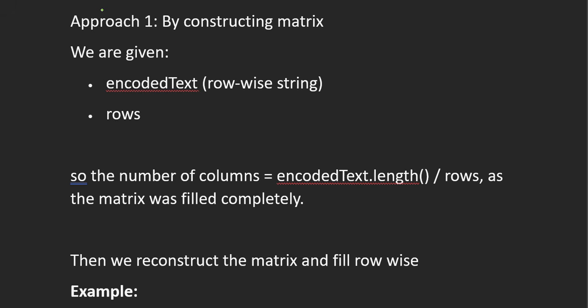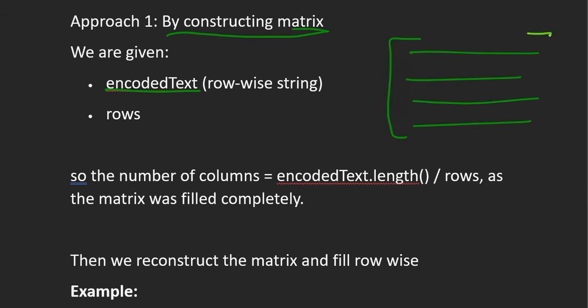So the first approach is, we will construct our matrix. We are given encoded text, that is the row wise string formation from the matrix, and we are given the number of rows. So what we need is the number of columns. The number of columns comes from the length of the encoded text, because we are picking each character from the matrix, right?